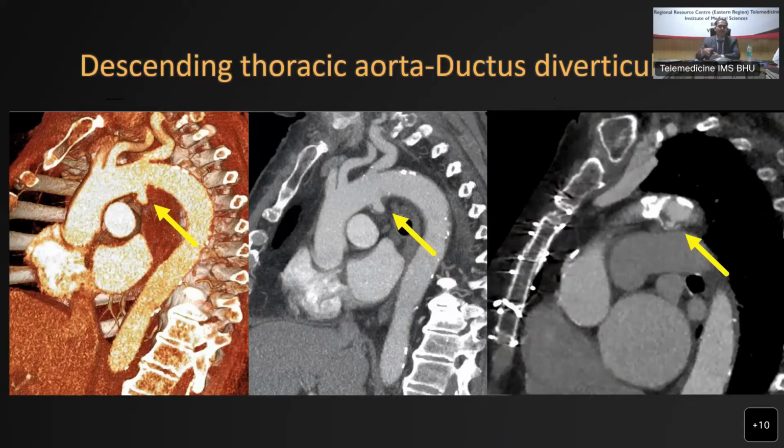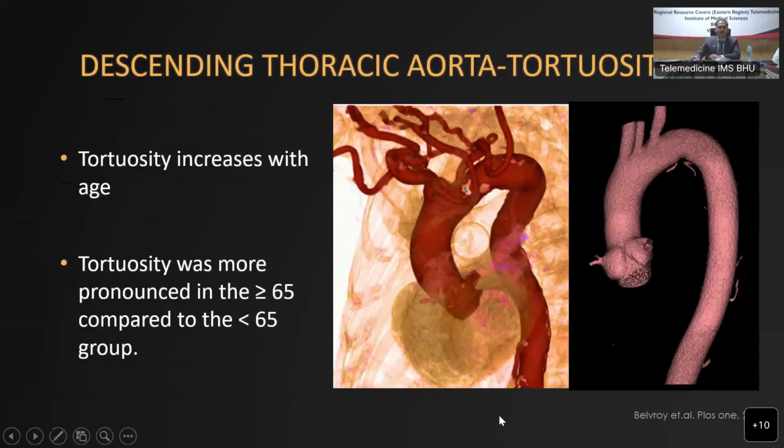Now, sometimes with time, they can dilate and grow in size, and they can also form a little bit of thrombus formation within them. And it can also lead to a distal embolic phenomenon such as stroke in patients who have these thrombi. Another important aspect to remember, particularly if you are an interventional radiologist, is aortic tortuosity.